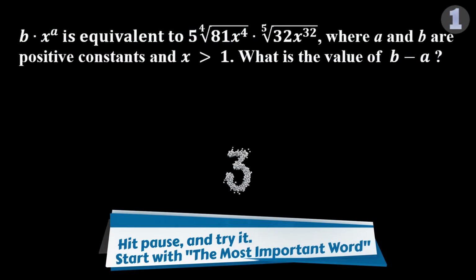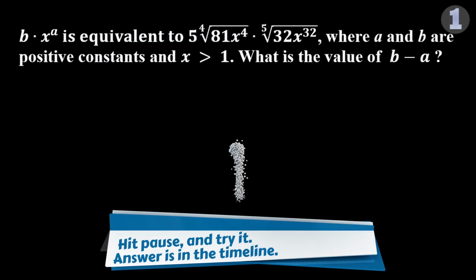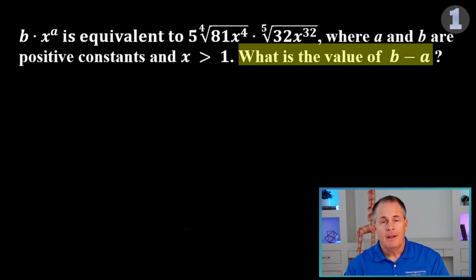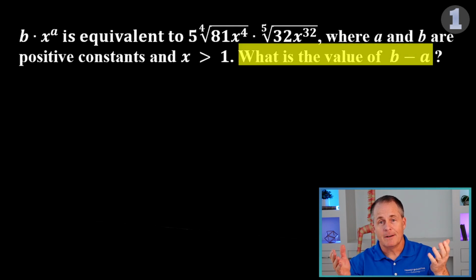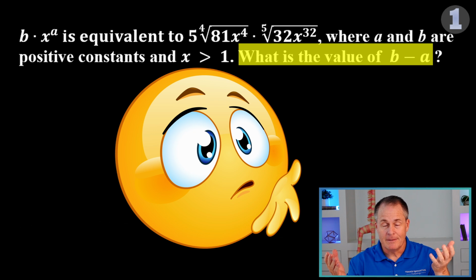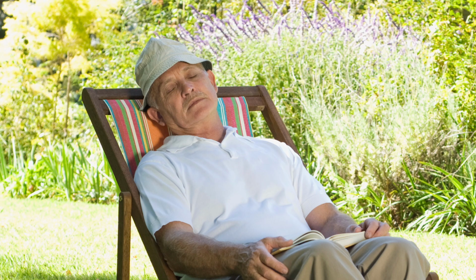Now, tap pause to try problem 1 on your own. Yuck. Just yuck. There are instructions here, but I find them confusing. In fact, I rarely ever read instructions anyways.